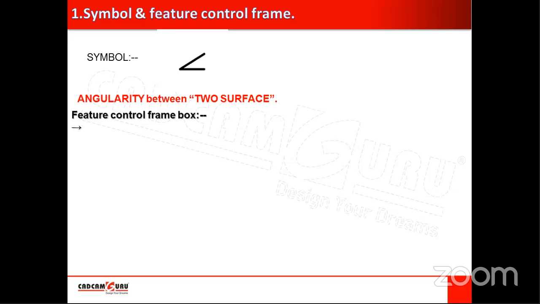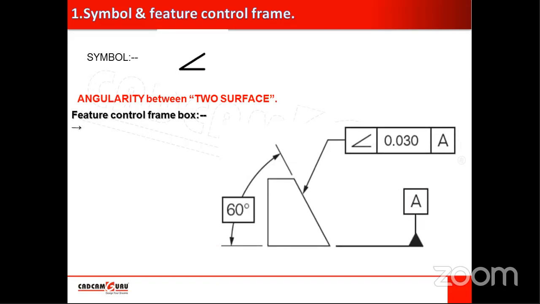Okay. Now we'll talk about angularity between two surfaces. So very simple, you can compare it with perpendicularity. Only this symbol is changed, this angularity symbol, then the second chamber indicates the permissible deviation, then the datum.